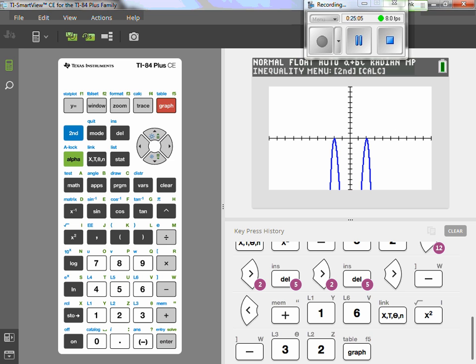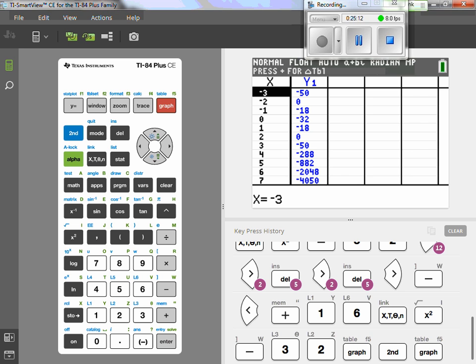It doesn't cross it, but it comes close twice, doesn't it? Let's go second table, -2 and 2. And that's it. So if it's whole number values, this graphing calculator will give them to you.